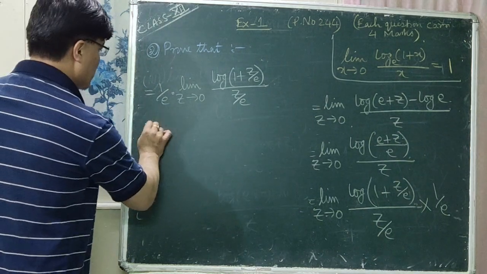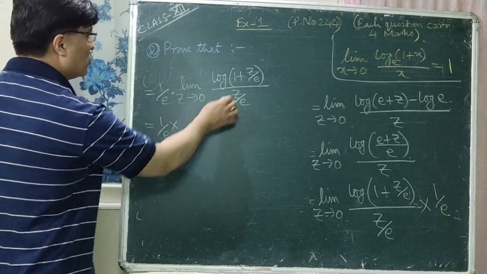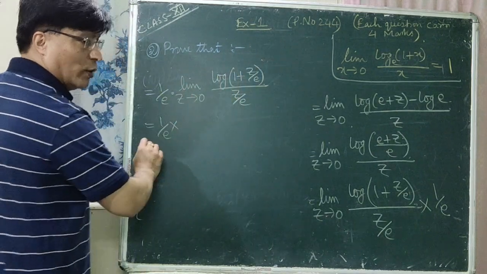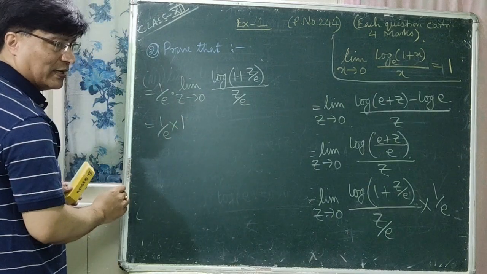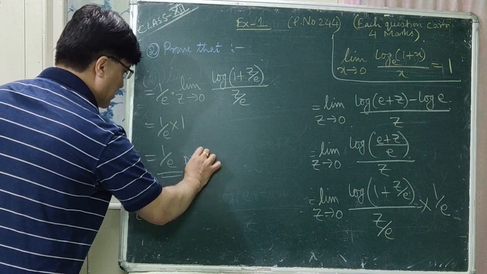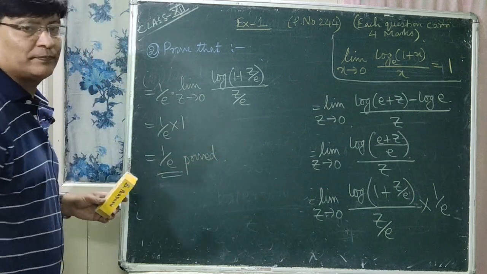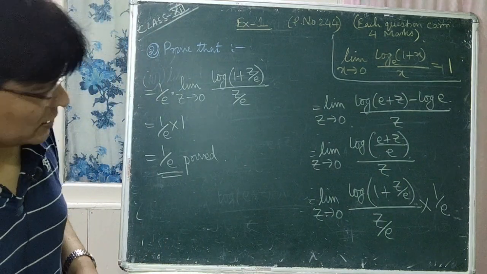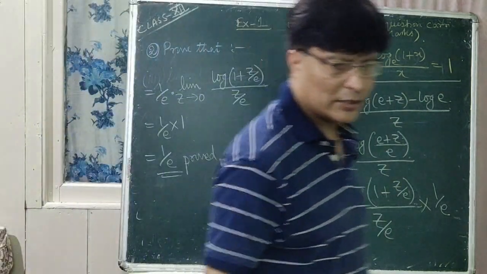Okay, so which is equal to 1 upon e into, what is the value of this limit? This is a standard form, which is equal to 1. So you should write here 1. Okay, so what is the answer? That is 1 upon e. So it is proved. So I think you have understood it. So you can copy it. We'll do the next question now.